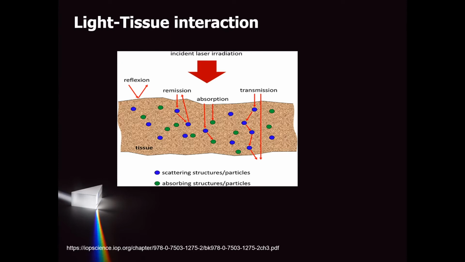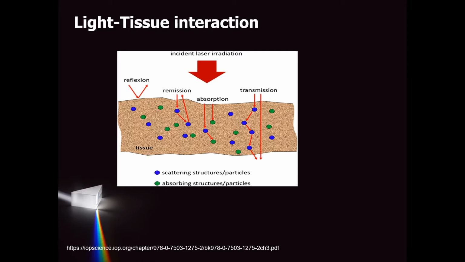Now, what's the meaning of light-tissue interaction? We want to know what will happen when we shine a light into a tissue. When shining a light into a tissue, photons will experience multiple events.